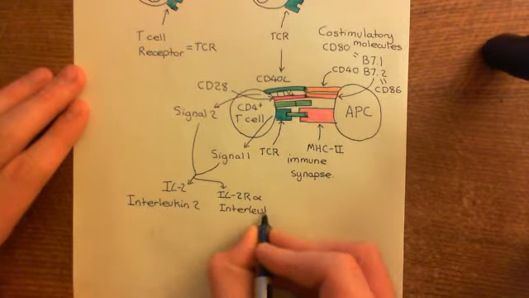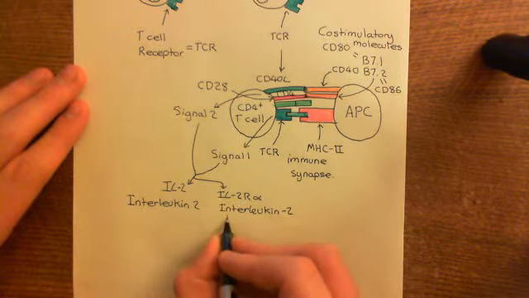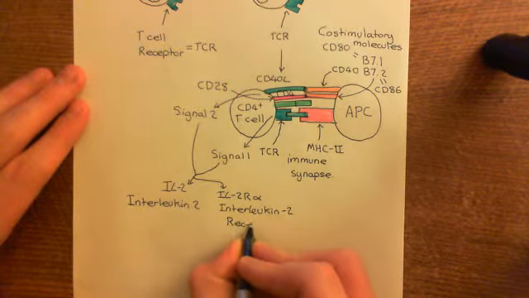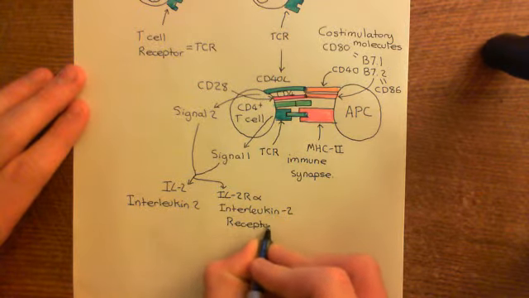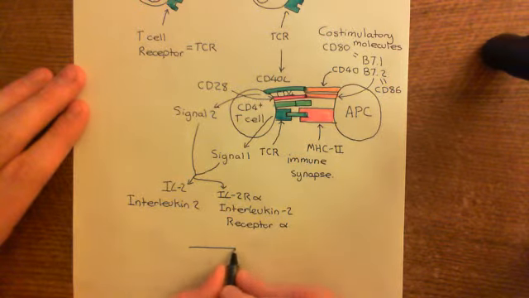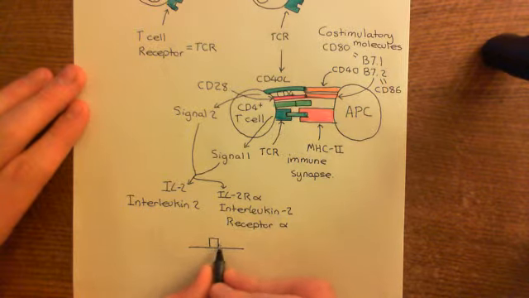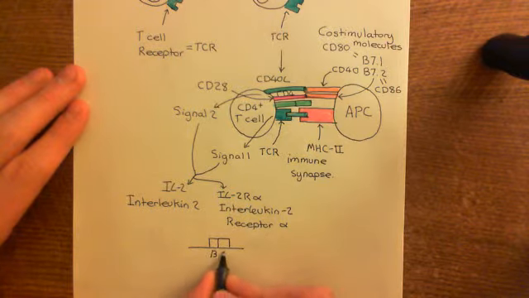Okay, so on the surface of the T cell, you will always have the beta and the gamma components of the interleukin 2 receptor. Okay, so let me show this. So if this is a piece of membrane of the T cell, then you will always have the beta and the gamma portion. However, that is not the complete receptor. So let's say this is beta and this is gamma.